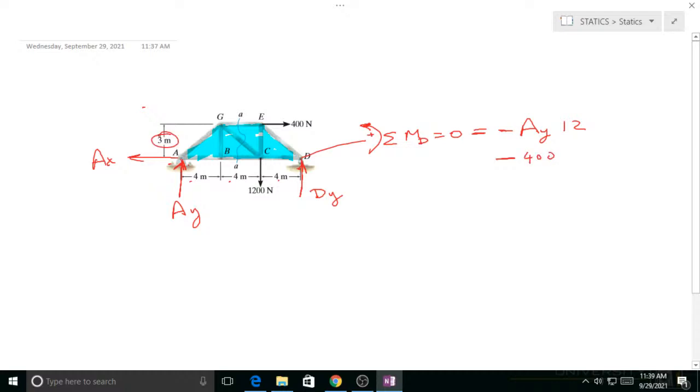Its moment arm was 3, so you get 1200. Wait a minute, that is a positive. Positive 1200 times 4, and that'll give you your AY.